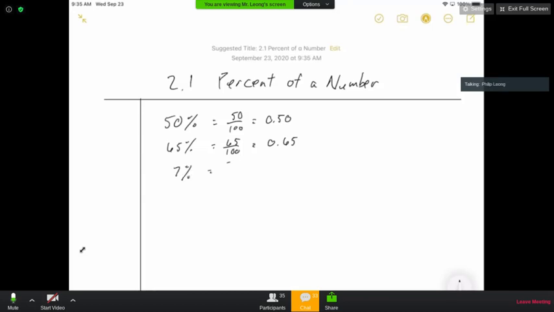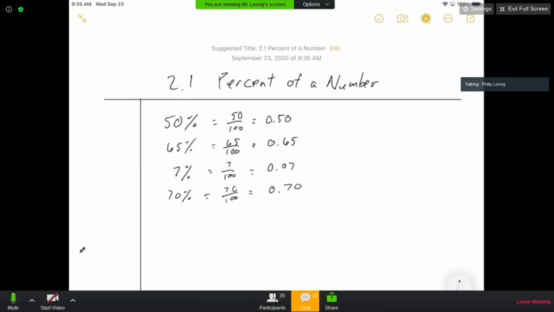Well, again, that's 7 divided by 100. You do not get 0.7. Instead, put it in your calculator, and you get 0.07. Now that's different than 70%. For 70%, you would get 70 divided by 100, which is equal to 0.7 or 0.70.